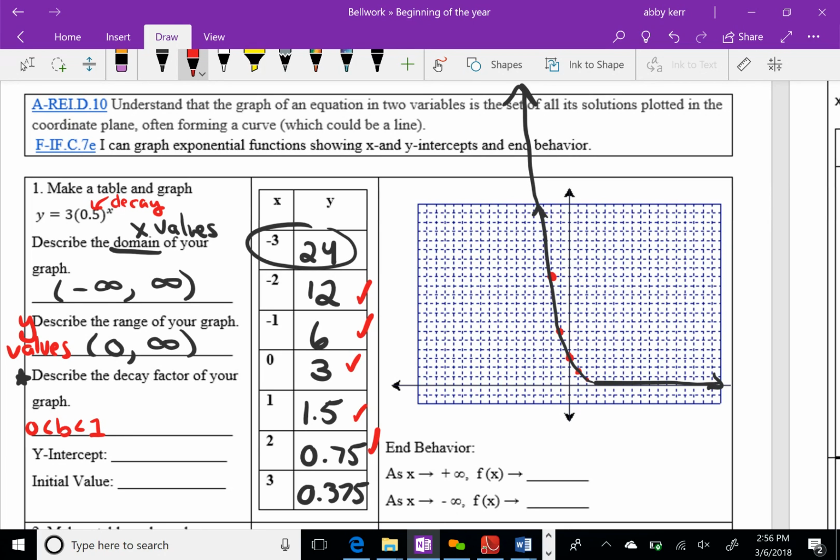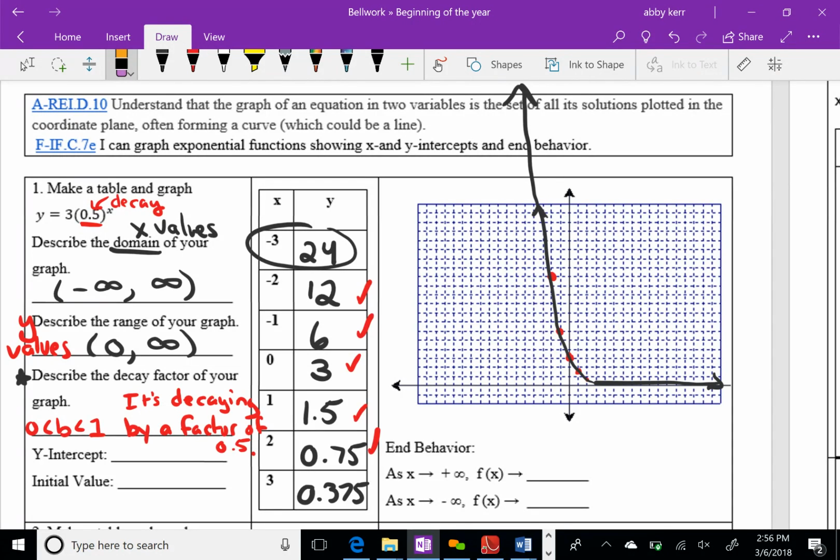So you can say it's decreasing or decaying by a factor of 0.5. We know that because that's the number shown.